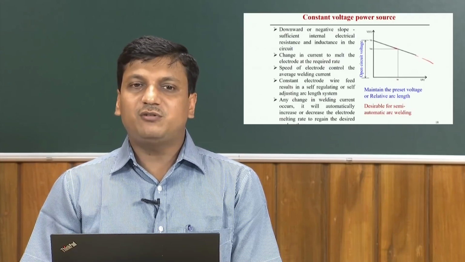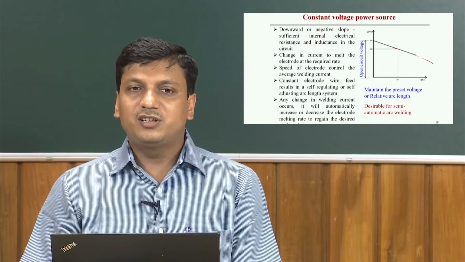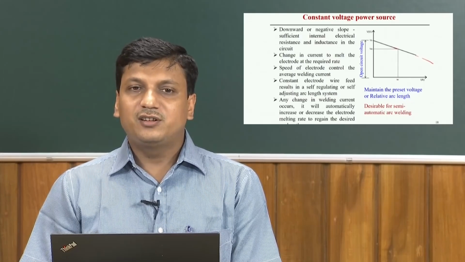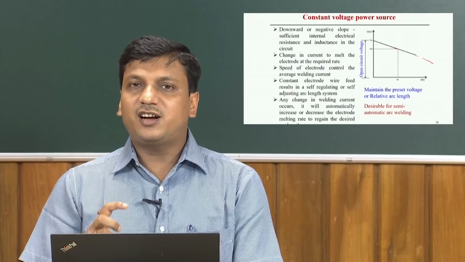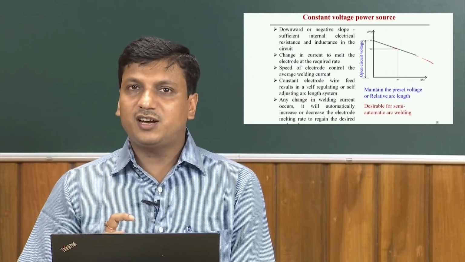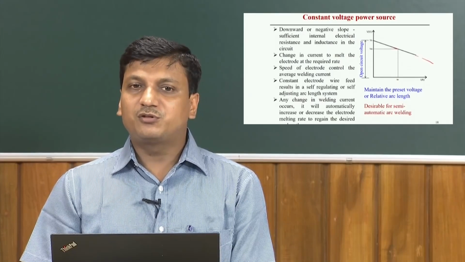Any change in the welding current automatically increases or decreases the electrode melting to regain the desired arc length. So, to maintain the desired arc length, we also maintain the constant voltage power source.